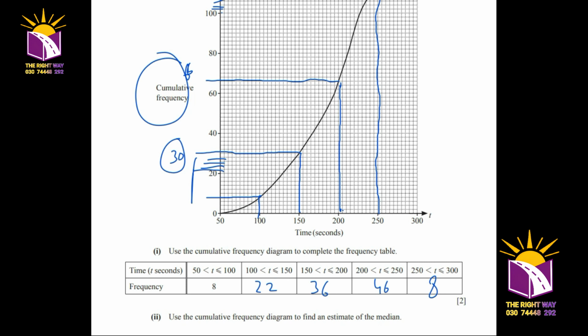So these are the frequencies for 100 to 150, 150 to 200, 200 to 250.